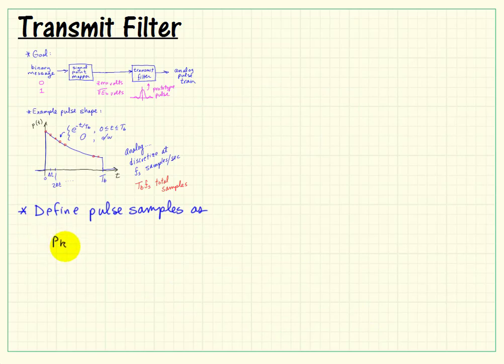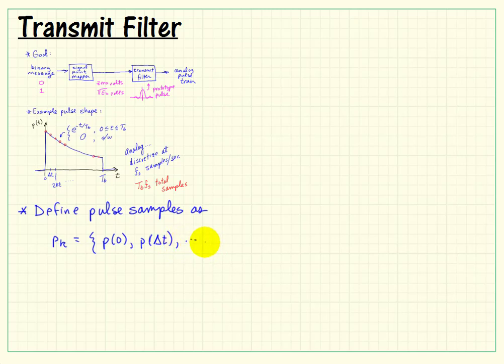Now I'm going to define our pulse samples as this sequence p sub k. So our very first sample would be p of t evaluated at t equals 0. So that's pretty easy, p of 0. The next one would be p of t evaluated at t equals 1 delta t, or p of delta t, and so on.